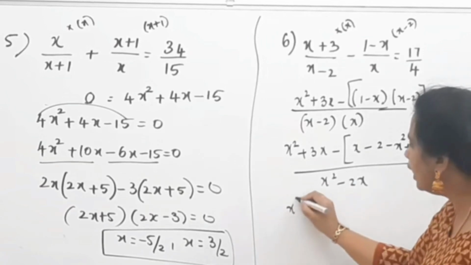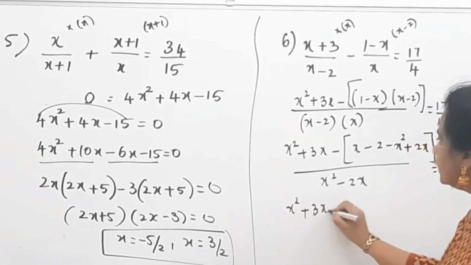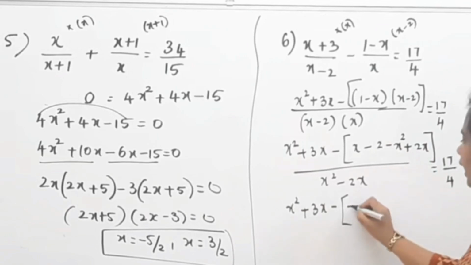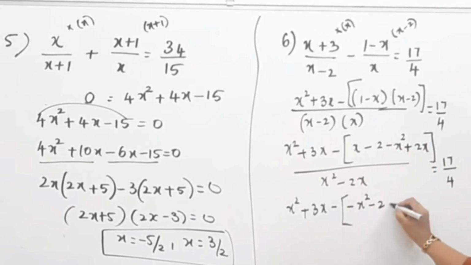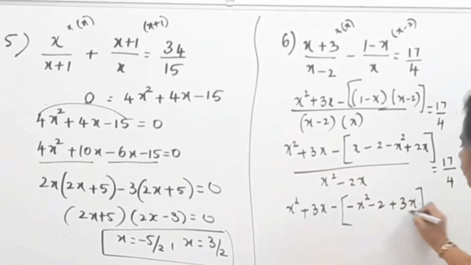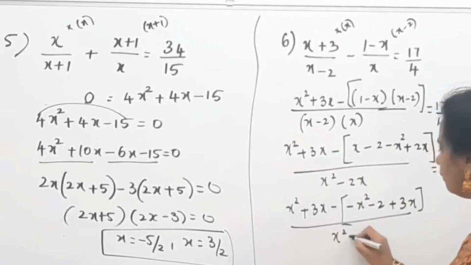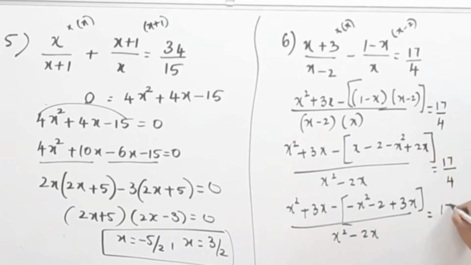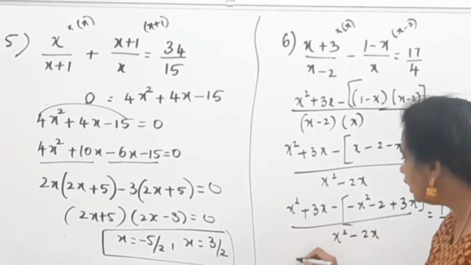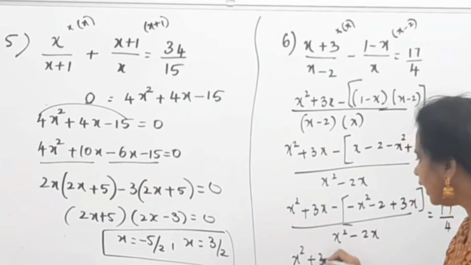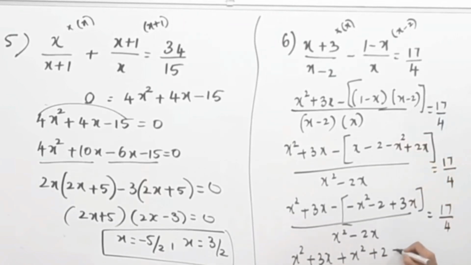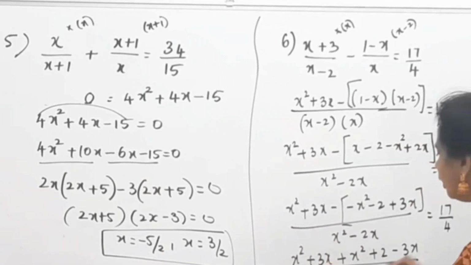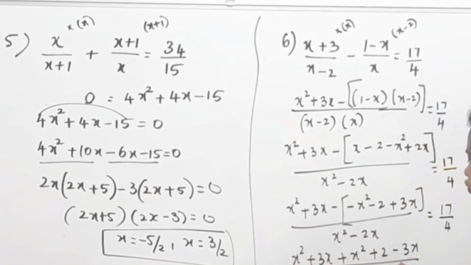Now, I would have x squared plus 3x minus of, I have minus x squared minus 2 plus 2x plus 1x is plus 3x, divided by x squared minus 2x is equal to 17 by 4, which is x squared plus 3x, minus into minus is plus x squared plus 2 minus 3x, divided by x squared minus 2x is equal to 17 by 4.